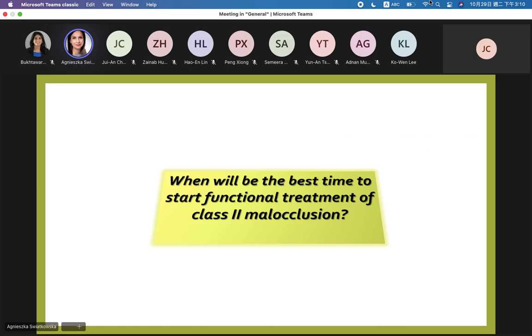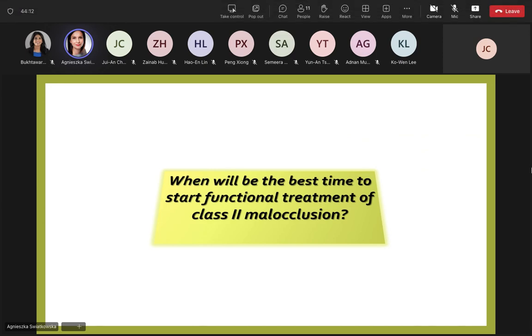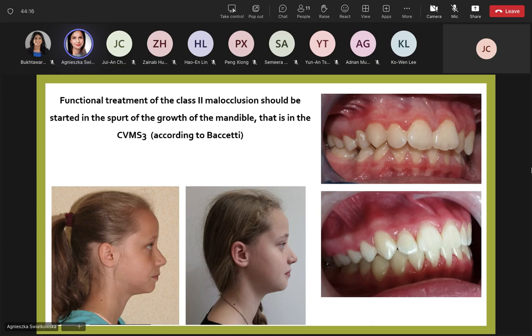Okay, so when will be the best time to start functional treatment of class 2 malocclusion? According to Baccetti, McNamara, Franchi from 2005, with this method we should start the treatment when the patient is in cervical vertebral maturation stage 3. So we can observe the concavity on the second and third vertebra.